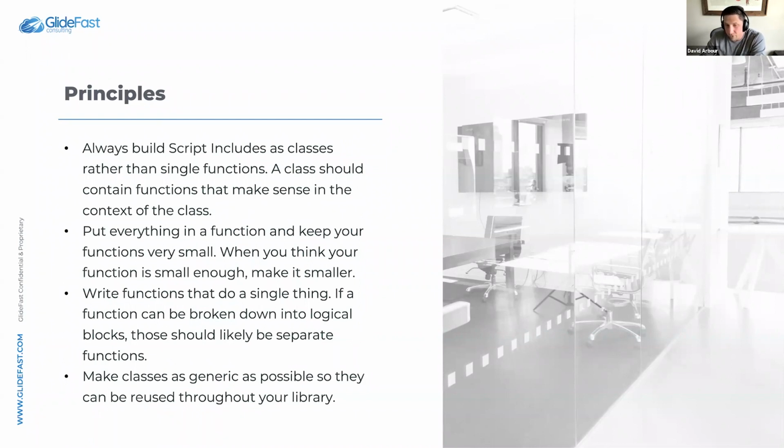So if I have a class called user group and I'm doing things associated with the user group table, such as insert, update, get, things like that from that table, I'm not going to put a get user by ID function in there because it doesn't make sense in the context of that class. What does make sense is having another script include called user that allows me to get the user.